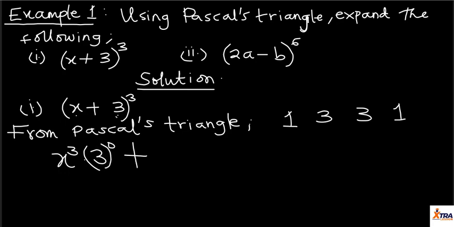So the first value takes the total power, the second value takes no power, and they keep on going till the first value takes no power at all and the second value takes all the power. How does that happen? From 3, 0, x loses one of its power, from x raised to power 3 to x raised to power 2, and 3 becomes 3 raised to power 1.